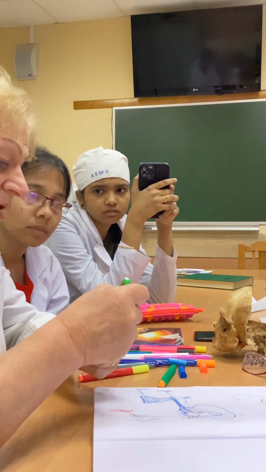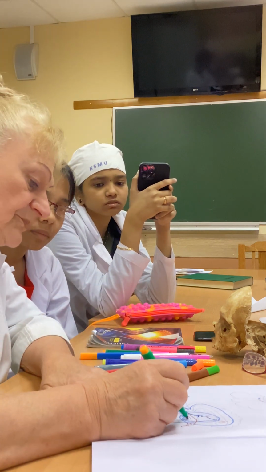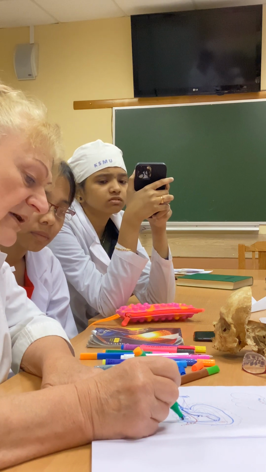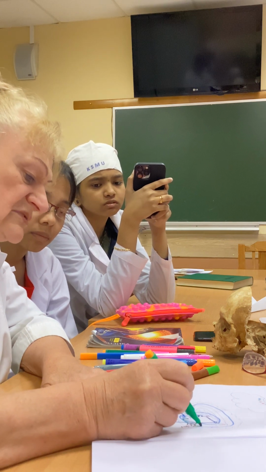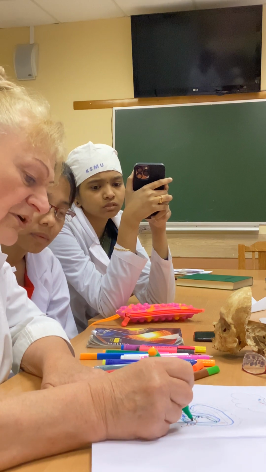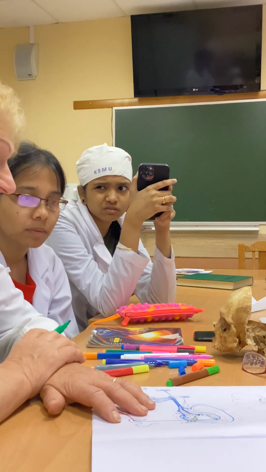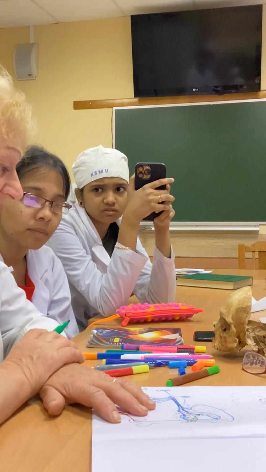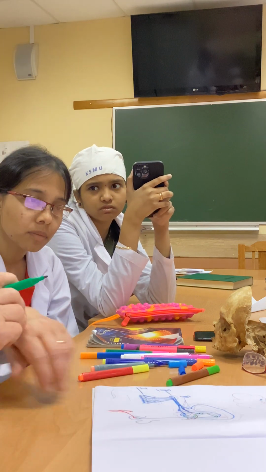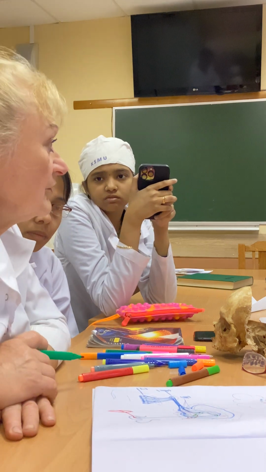But you can see we have the opposite way. From the uncus, through the parahippocampal gyrus into the fornix, and from the fornix into the mammillary body, will direct the opposite way. From the mammillary body to the thalamus will be the mammillothalamic tract. The mammillothalamic tract is for what?